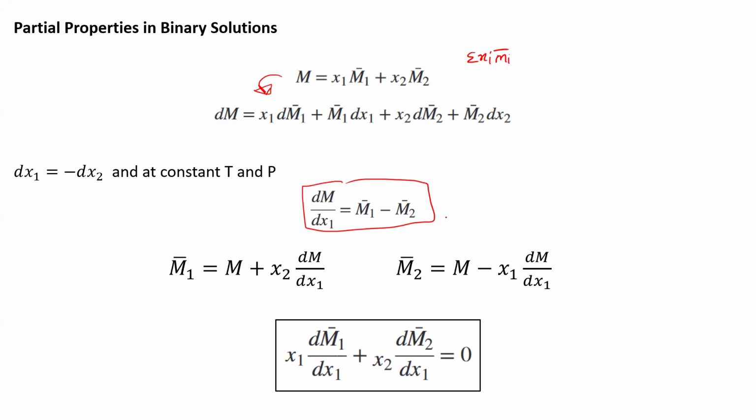So the final derivation gets us these equations. For the binary system, we have the summation x1 dM1 bar/dx1 plus x2 dM2 bar/dx1. So what I'm saying is, if I have an expression for M, I can get an expression for M1 bar and also an expression for M2 bar.